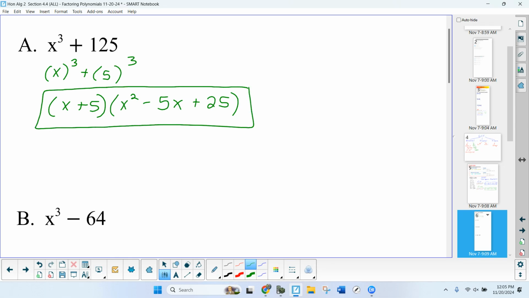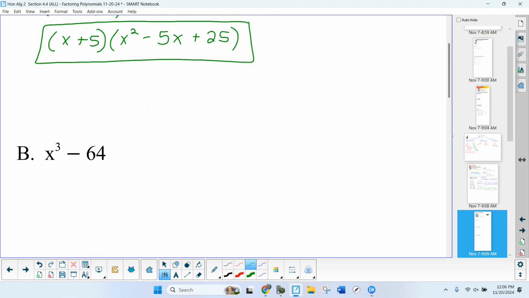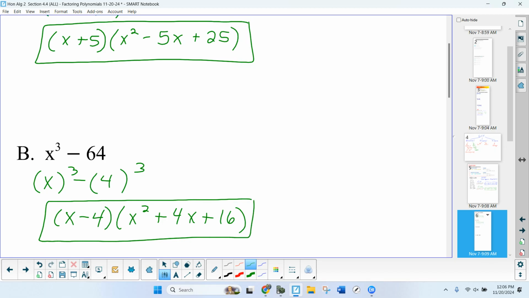Done. Thoughts on A? Good. Karina, help me on B. What'd you do here? This is what cubed minus what cubed? X and 4. So what did you factor this into? X minus 4, and then x squared plus 4x plus 16. All right. Are you guys catching on? A little bit. Okay.